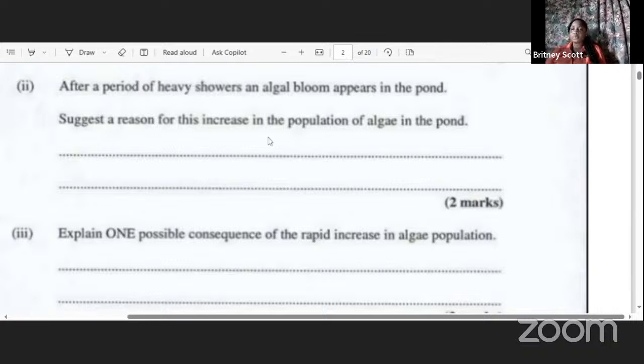All right. Moving over to the next question: explain a possible consequence of the rapid increase in algae population. So if you have an overgrowth of algae in the water body, what will happen to the organisms within the water?